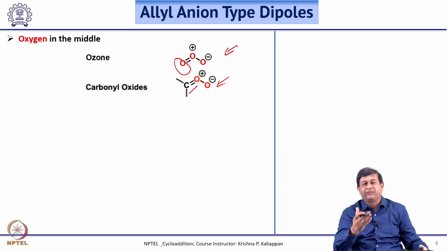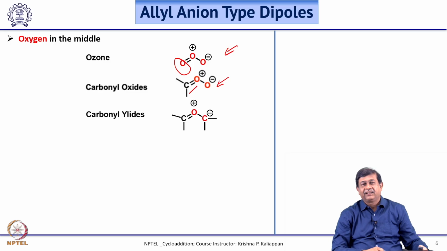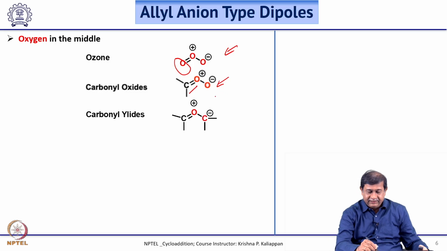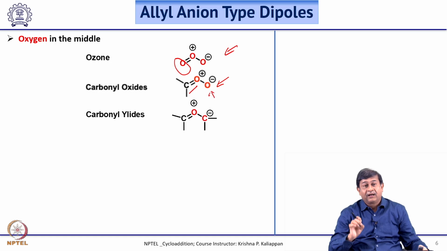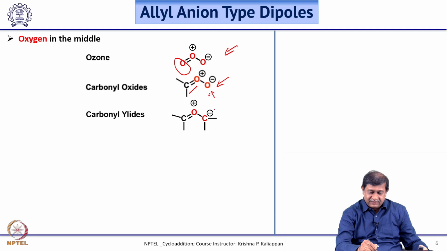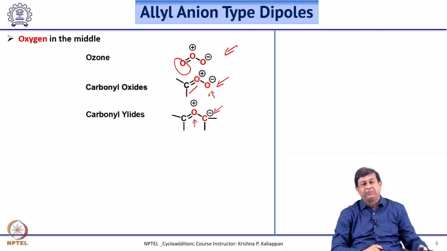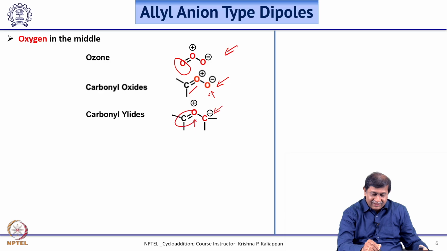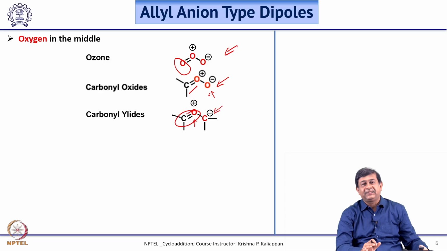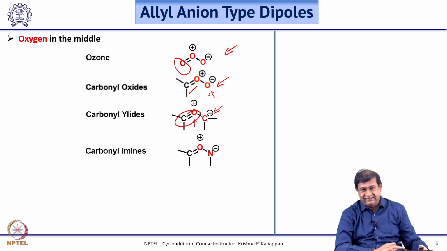So, it is called carbonyl oxides. Now, you replace the oxygen here with carbon, then this is called carbonyl ylides. Again, you can see ylide means you have negative charge on the carbon and then the adjacent heteroatom has a positive charge. So, this is part of carbonyl group. So, that is why this is called carbonyl ylides.